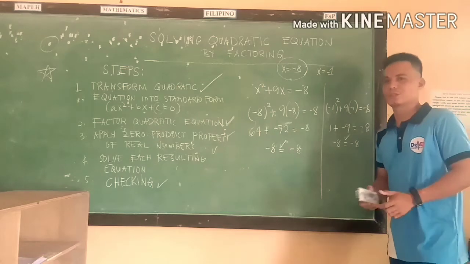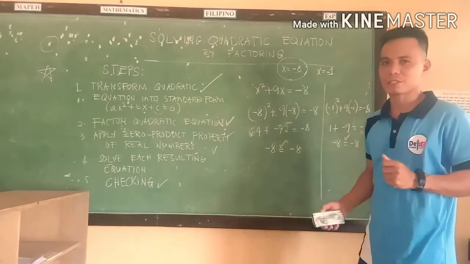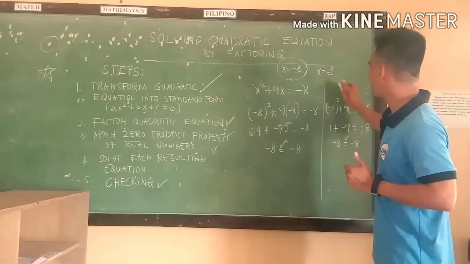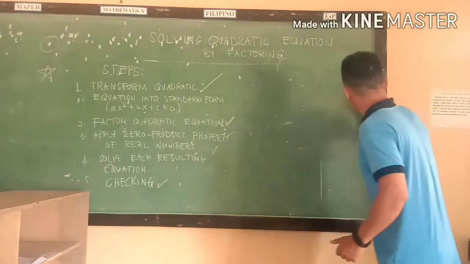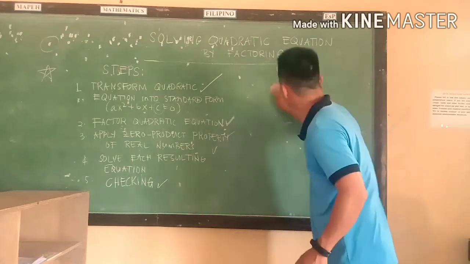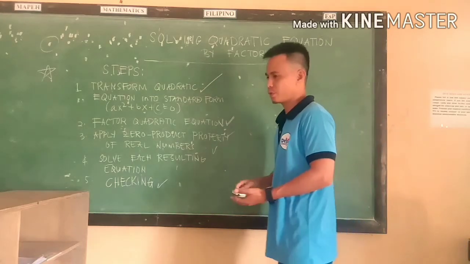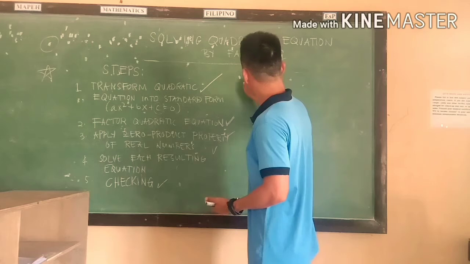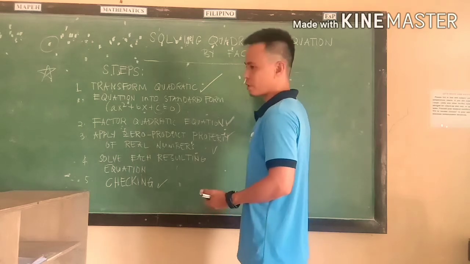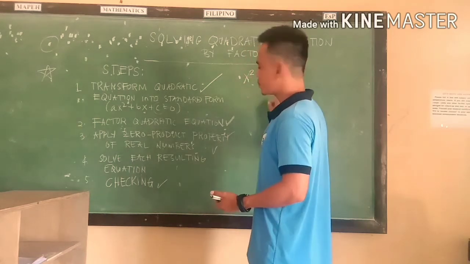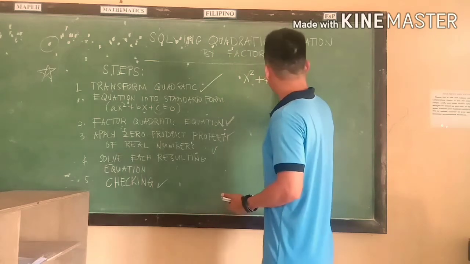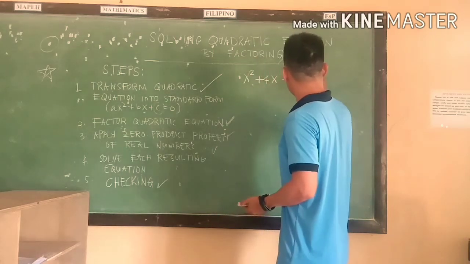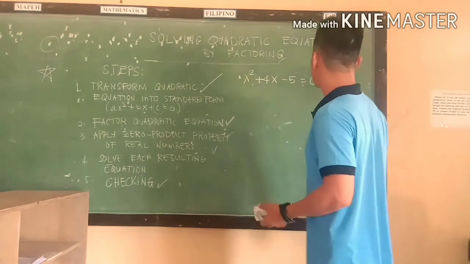Okay? So let's try another example para mas lalong maintindihan. Erase muna ako, ha? Okay, so given x squared plus 4x minus 5 equals 0.